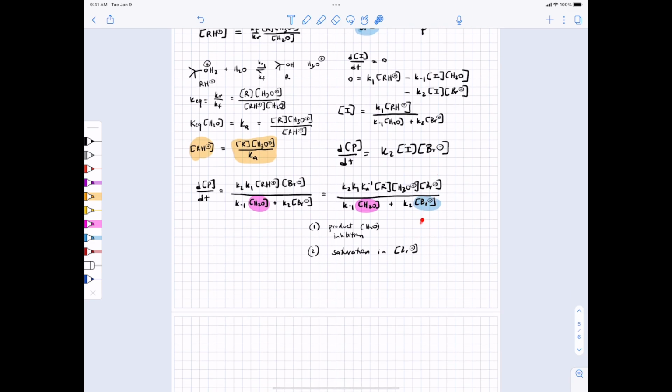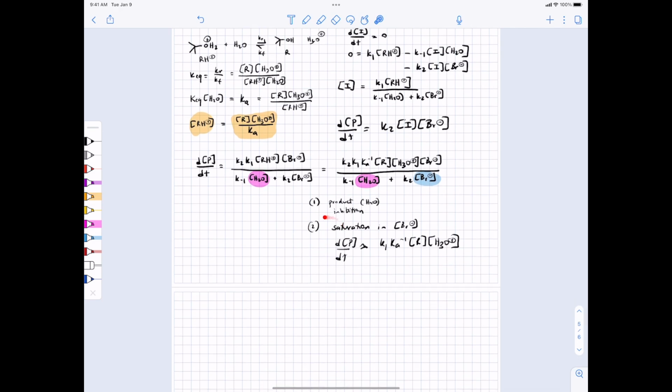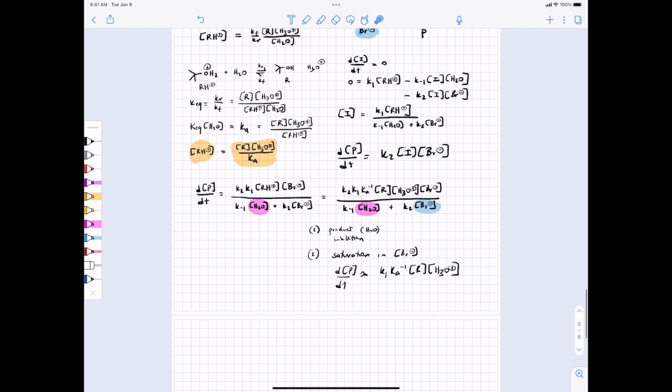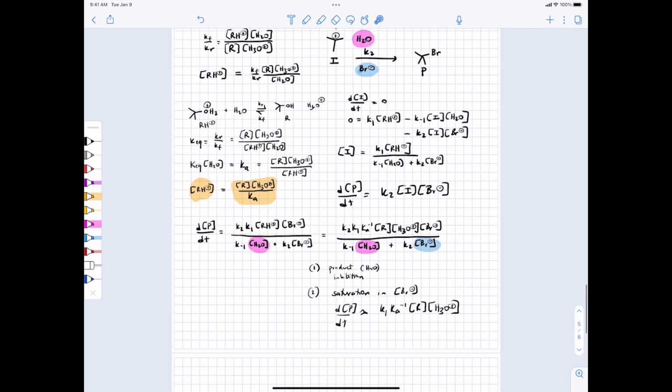Then the bromine terms and the K2 terms would cancel out, and then dP/dt is basically going to be K1 times Ka to the minus 1 times R times the concentration of H3O plus, where the K2 and Br terms have canceled out. And so 2 is likely the situation we're in as we try to do an SN1 reaction to convert a tertiary alcohol into a tertiary bromide.